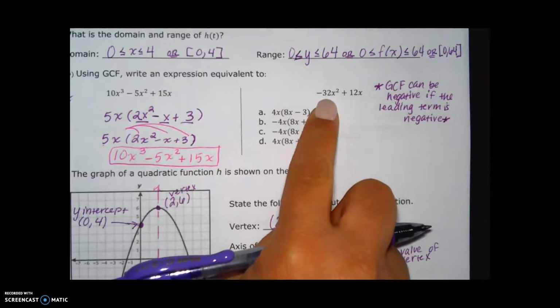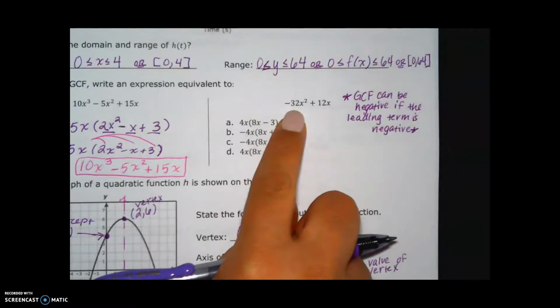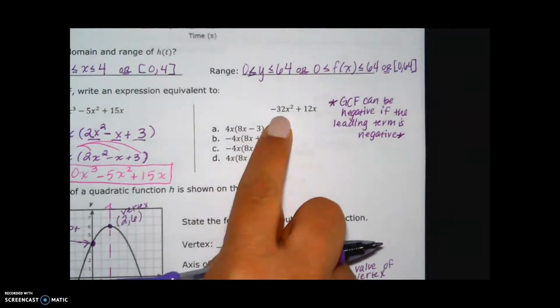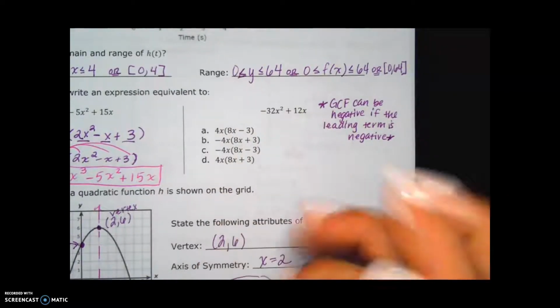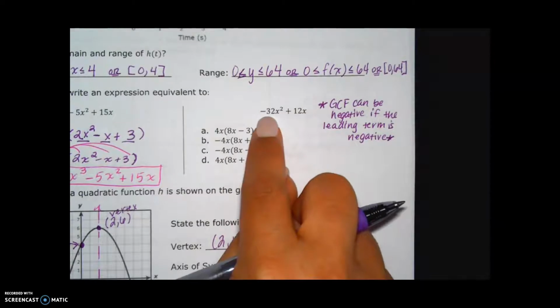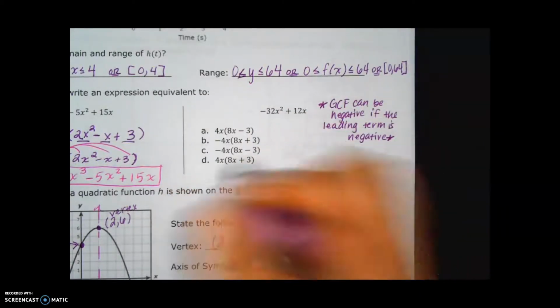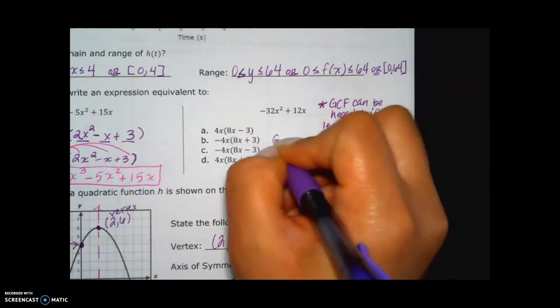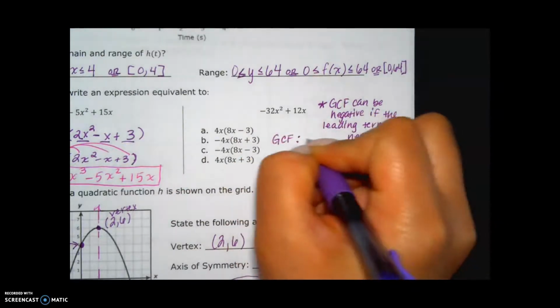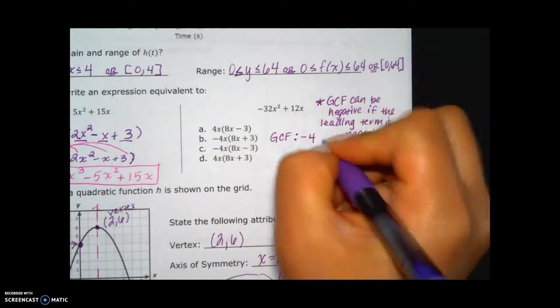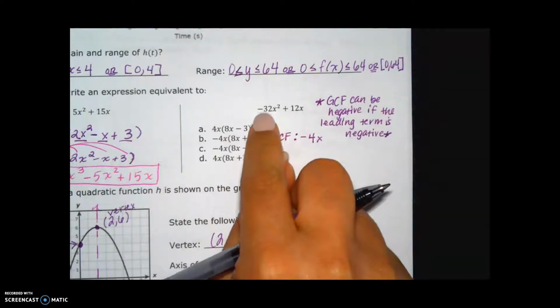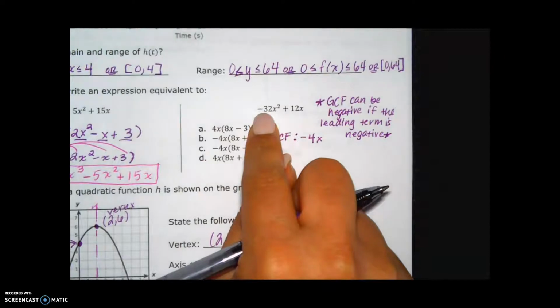We ask ourselves, what do these two numbers share in common with each other? We broke it down yesterday on our review, and I think we figured out that it shared a 4 in common and an x, just like you can see here. But this time our GCF is going to be negative 4x because that leading term is negative. So I'm going to pull out a negative 4x.